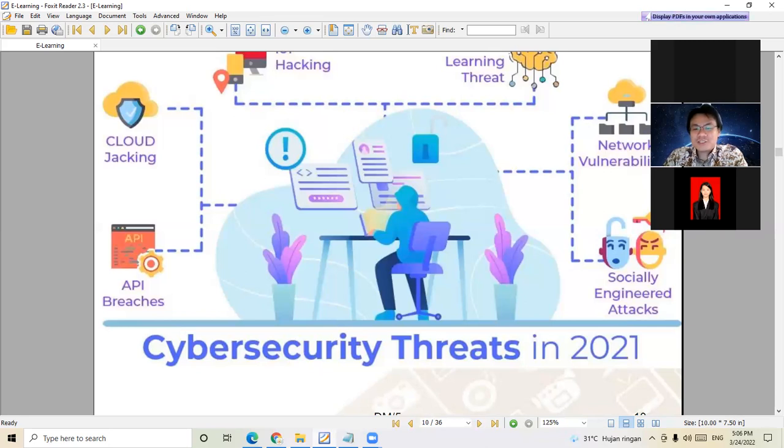And social engineering attacks exploit the goodness in people, especially those who easily trust someone, and they try to cheat them by asking for passwords. Maybe some of you have received an SMS, right?